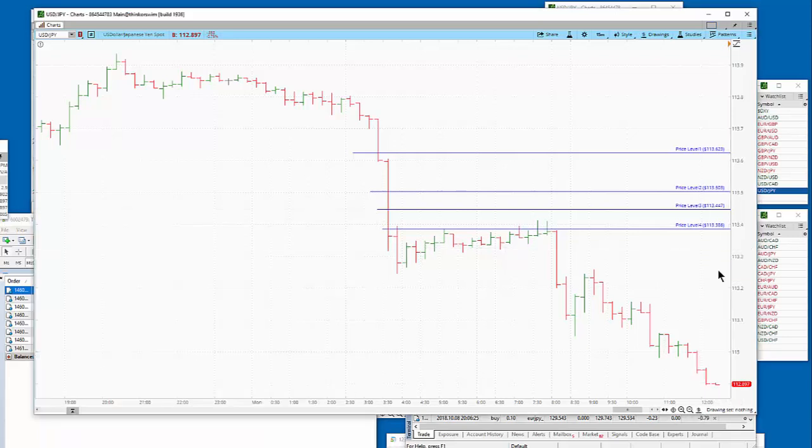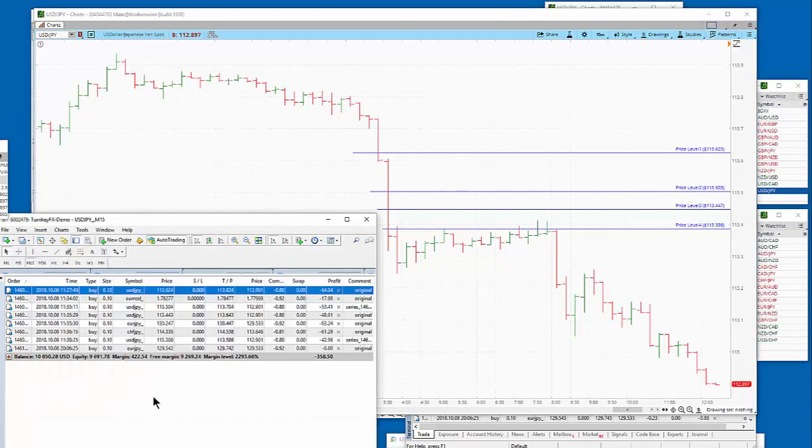So I'm going to go get my correct tool, then check the price on where this opened. This one opened, well, it was a different pair, but it was 129.54 in Euro GBP. So let's go mark that one on the chart.